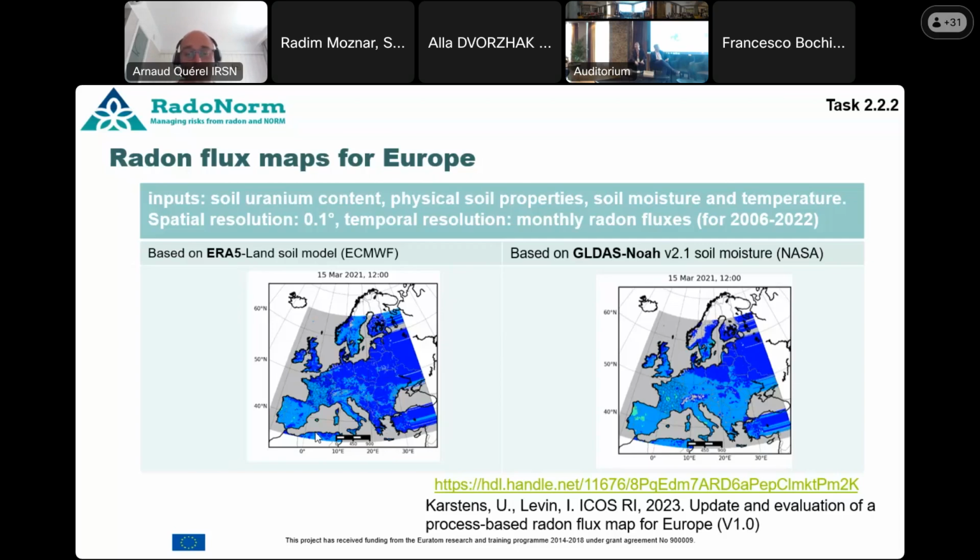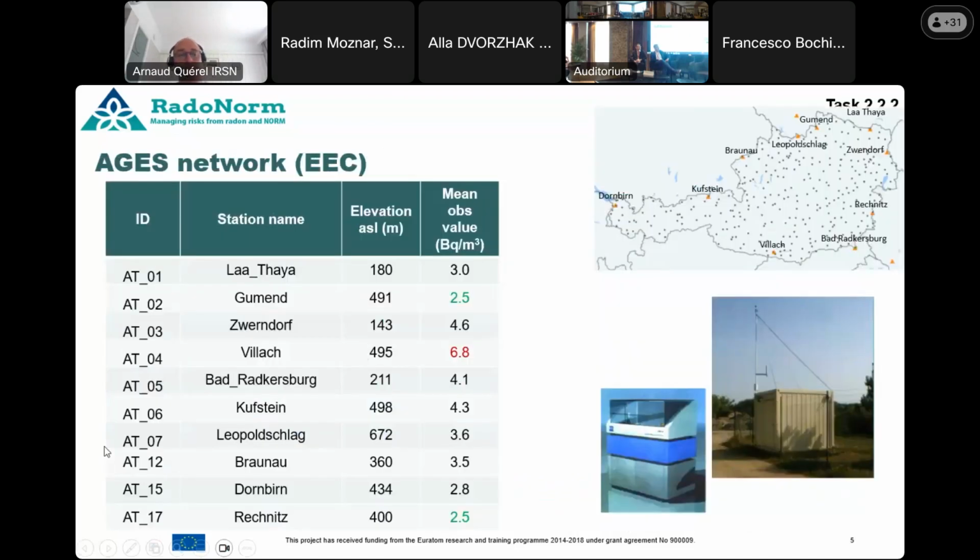So we have used the radon flux maps calculated by Karstens and Levin, and they proposed two different radon flux maps with two different soil humidity input data. One is based on the ERA5-Land soil model provided by ECMWF, and the other soil moisture map is provided by GLDAS NOAA from NASA. Both maps were used in this study. But the radon flux map is important data.